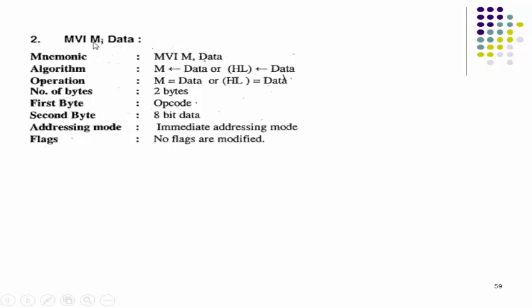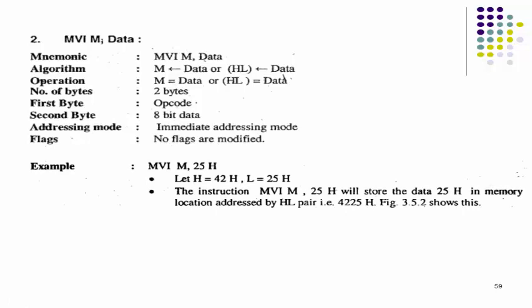That opcode will tell the processor this instruction is for moving immediate data in the memory. Addressing mode is immediate addressing mode, that is MVI indicates the move immediate. Here also after the execution of the instruction, there is no change in the flag bits. Flag bits are not modified.